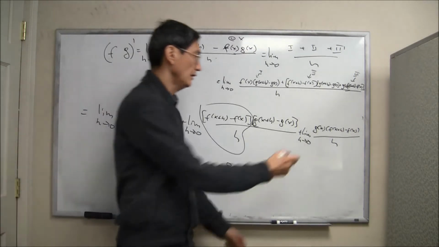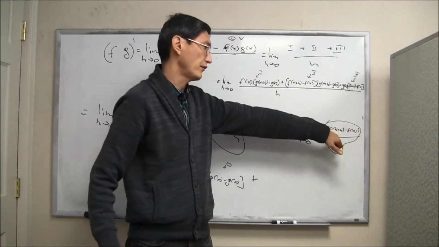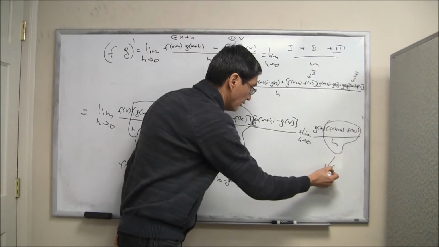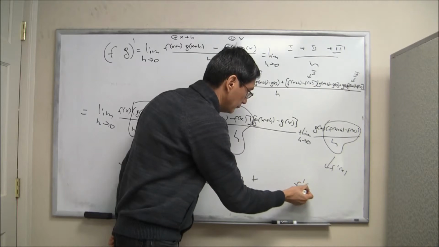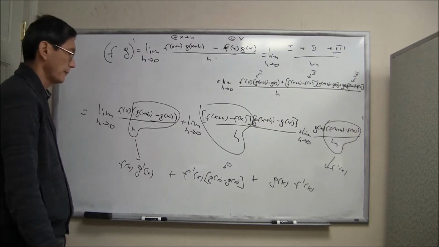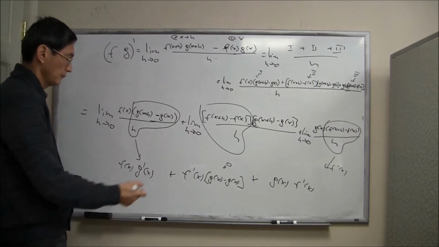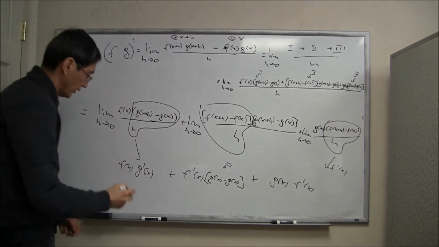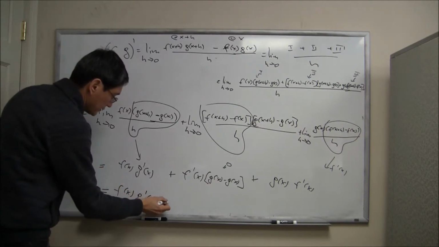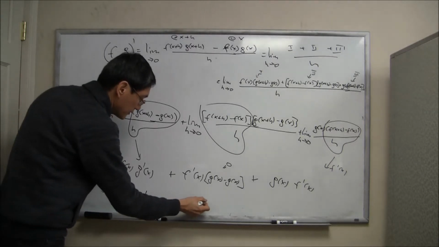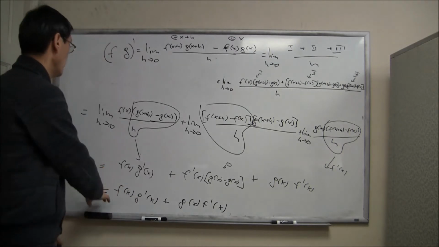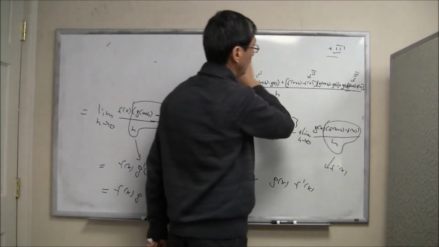Plus, now this piece: f of x plus h minus f of x over h, as h approaches 0, will be f prime x, and g of x stays as g of x. So we got our answer as f of x g prime x plus g of x f prime x, because g of x minus g of x equals 0. So we got our answer for the derivative of a product.